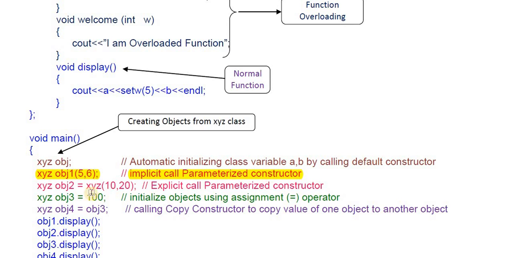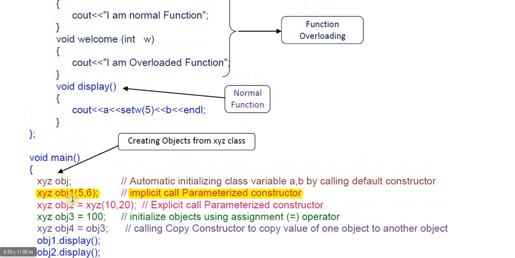Parameterized constructor. So here we are not using the name of the constructor. Here we are just using the class name, the object name, and in parentheses we are using two values, 5 and 6. By writing like this, object name and values in parentheses, we are calling the parameterized constructor automatically. We are not using the name of the constructor, but even so the constructor will be called.